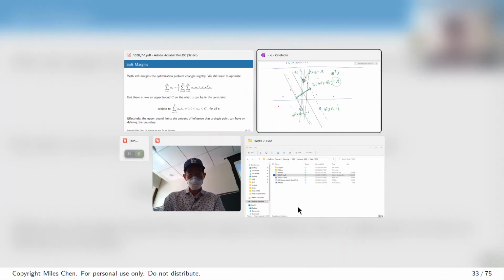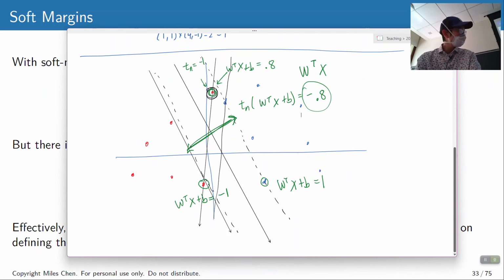So when determining the direction of the boundary, we would put some alpha value on this point, indicating it's going to have a strong influence on where the boundary is defined.